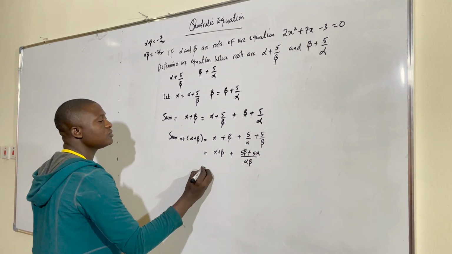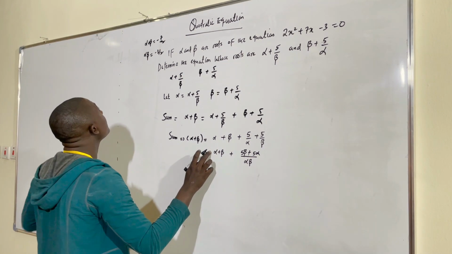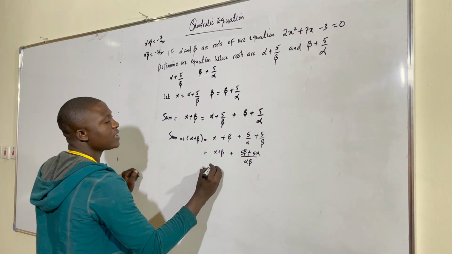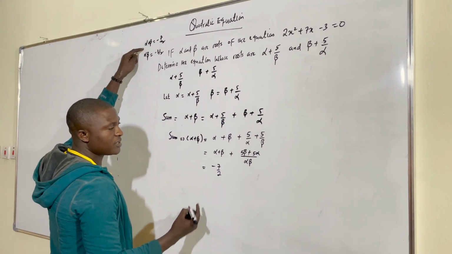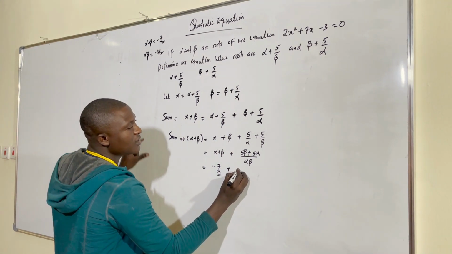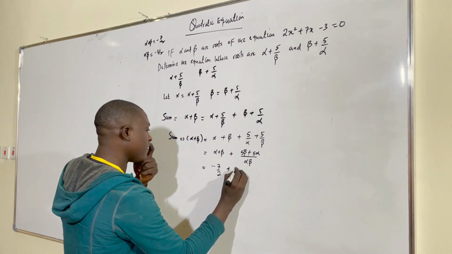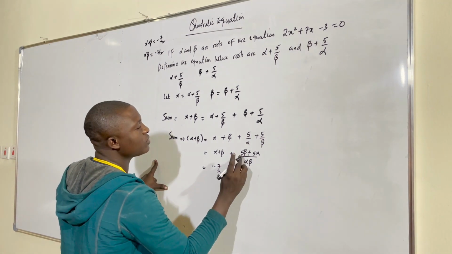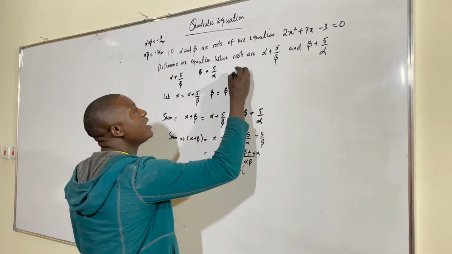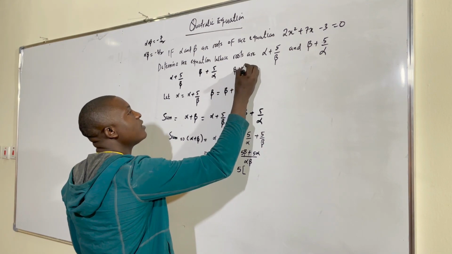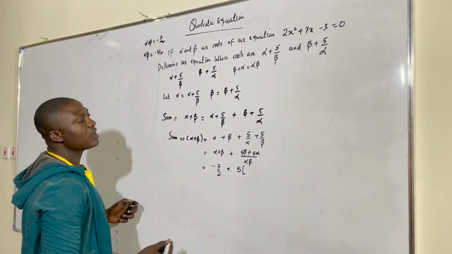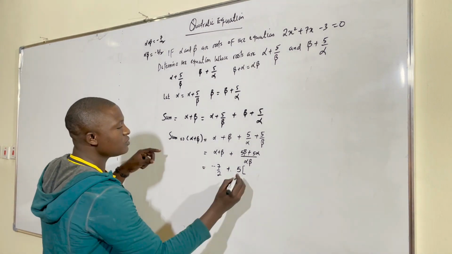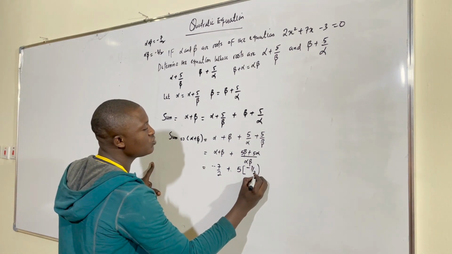So let's substitute our alpha plus beta here. We have it to be minus 7 over 2, right? Alpha plus beta is minus 7 over 2 plus, you can see 5 is common here. If I factor it out, we have 5 bracket of beta plus alpha, which of course is the same thing as alpha plus beta, which again is minus 7 over 2.